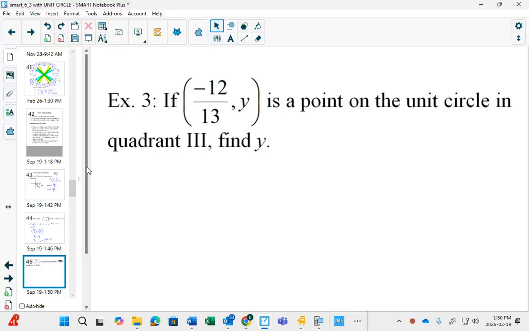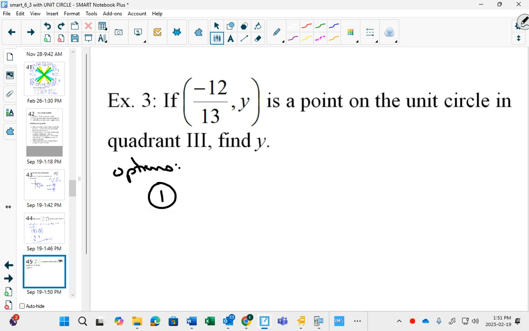If this is a point on the unit circle, find y. There are a couple of different options that we can do. So I'll just write out options. My favorite option is the triangle because it's trigonometry.